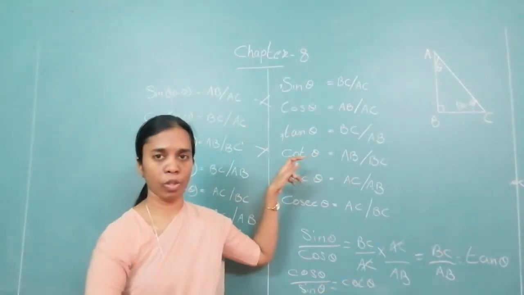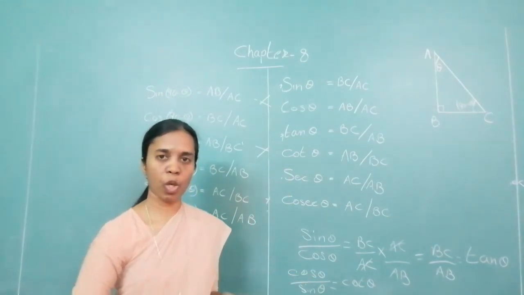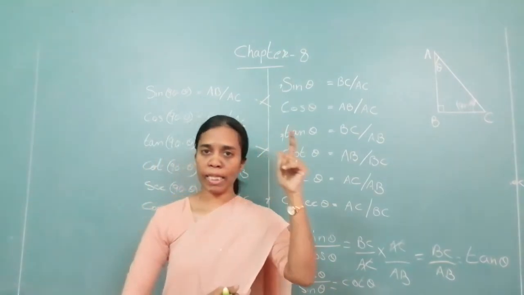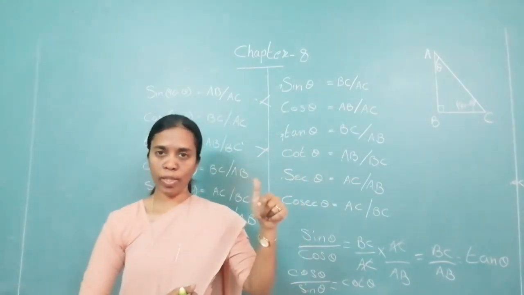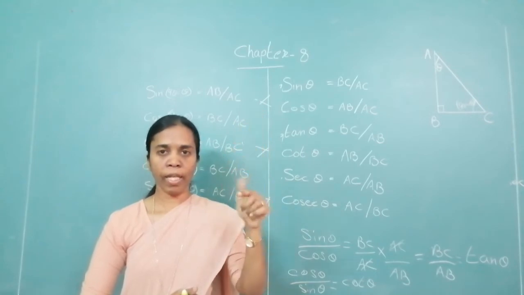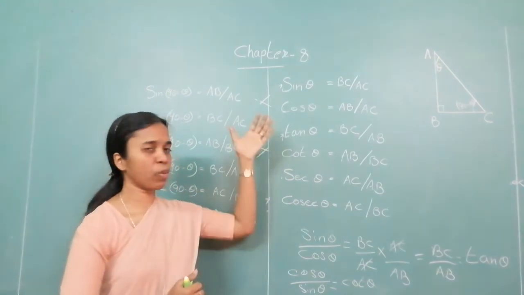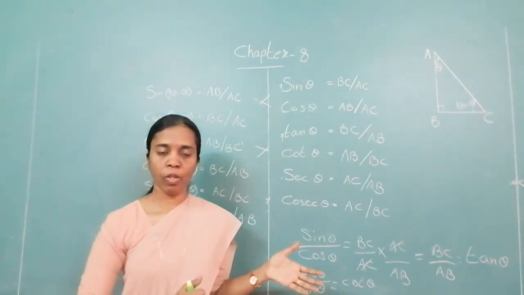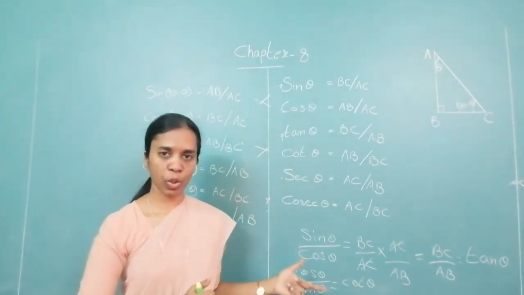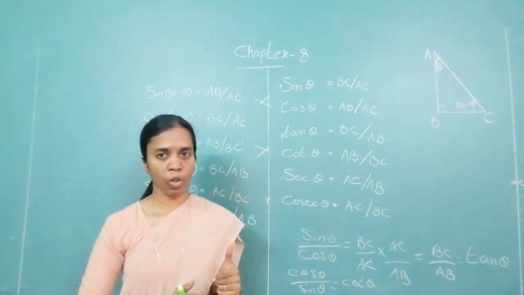You can check it out. You will get the answer. Cos theta upon sin theta is equal to cot theta. I repeat: sin upon cos is tan, cos upon sin is cot. Please write those two formulas also. First were the 6 complementary ratios and then these two.